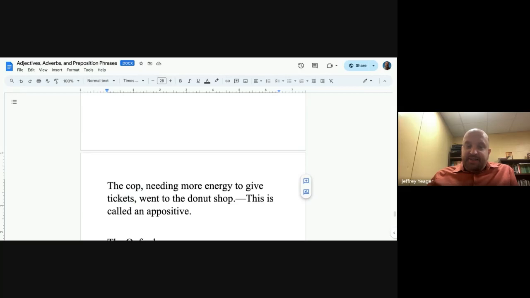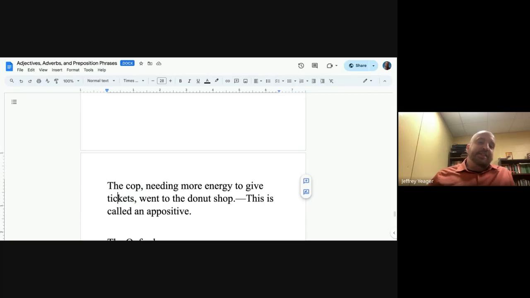And you have commas around it because you can actually omit that, and the sentence will still make sense. So you can say the cop went to the donut shop. Well, that sentence makes sense. You don't need needing more energy to give tickets. That's just extra information that's kind of tacked on there.